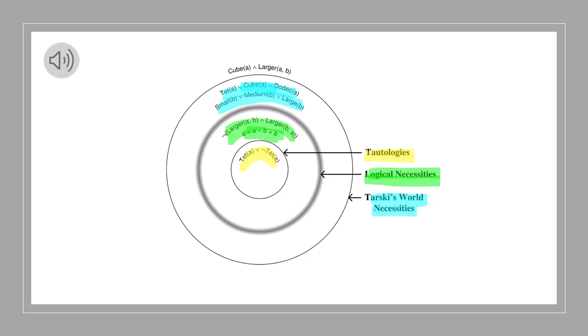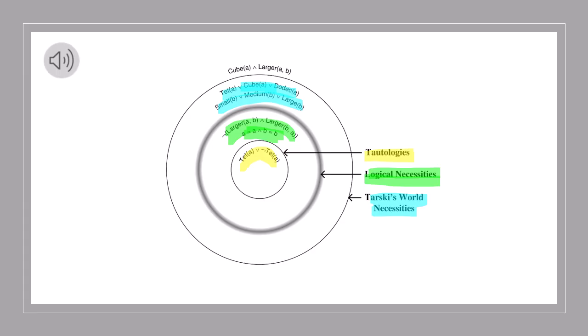We should think about the strongest, or the strictest, of these logical truths as being these tautologies, the complex sentences where the truth table arrives at a T in all instances, and they are true just from the truth functional nature of the connectives and don't have anything to do with the meaning of any of the predicates or the truth values of the underlying atomic sentences. So those are examples of logical truths, but they're called tautologies. And so they would be contained within the collection of logical necessities, right?